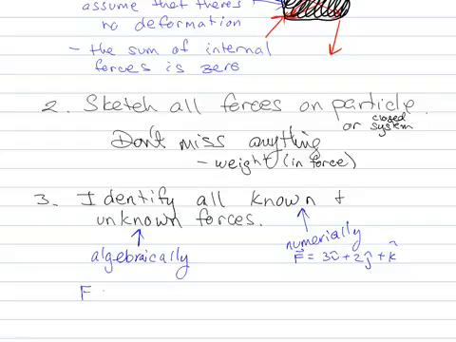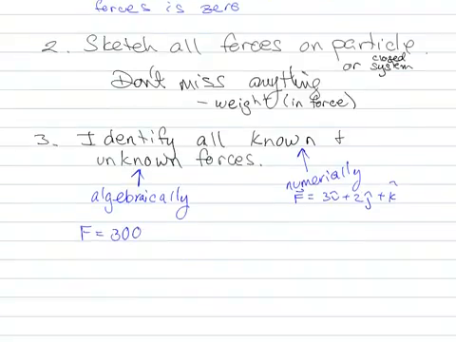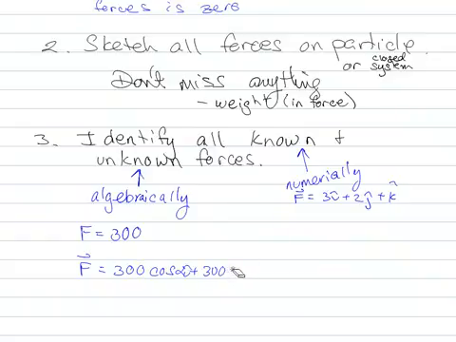So say you know its magnitude, but you don't know its direction. Don't be afraid to go in and say, okay, so it's 300 times some cosine alpha, i hat, or 300 cosine, whatever, k hat, whatever you need to make it work.